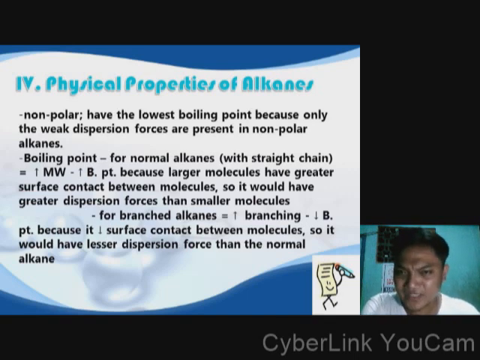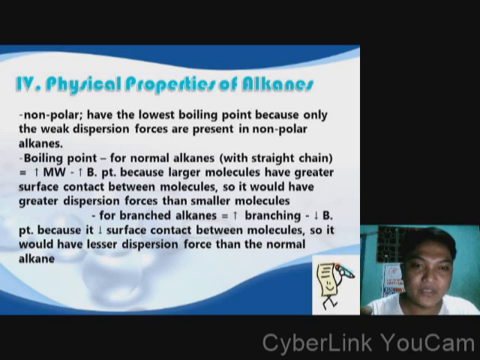Diba? Okay, for branched alkanes naman, pag mas madaming branching, mas mababa naman yung boiling point. Because it lowers the surface contact between molecules, so it would have lesser dispersion force than the normal alkane. For example, we have here your example kanina, your branch chain.